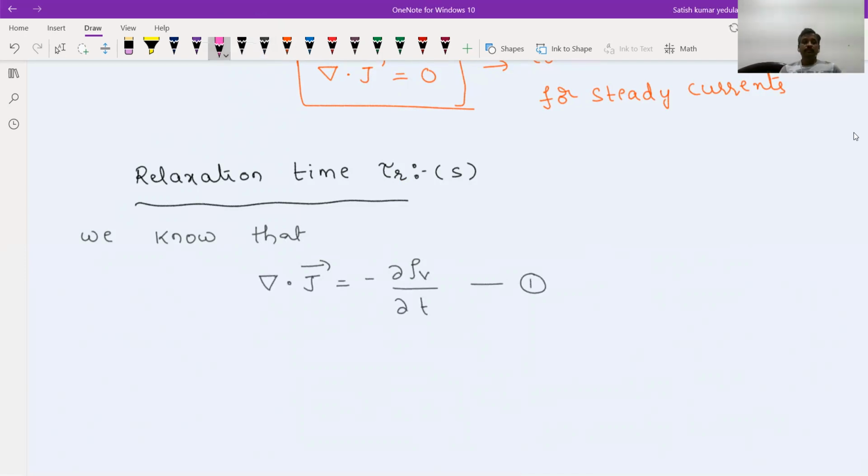Now, from Ohm's law for field theory, we know very well that J is equal to σE.